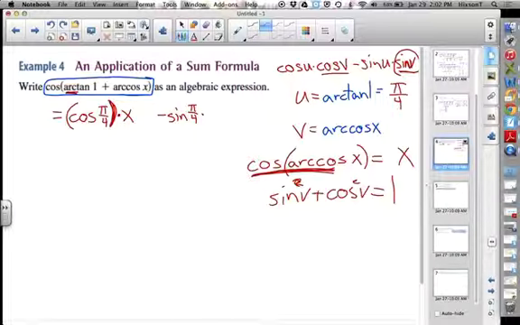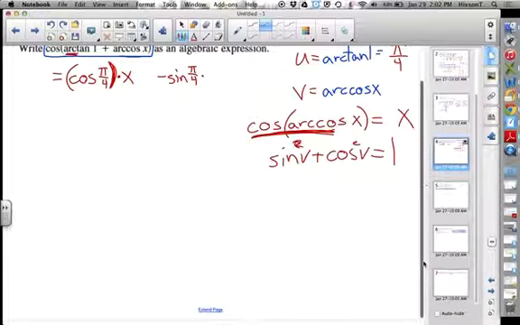Sine squared v plus cosine squared v equals 1. We want to know what the sine of v actually equals. So, solve for it. I'll subtract. But what is cosine squared? X squared. Cosine was x. We just said that. So sine squared v is 1 minus x squared.